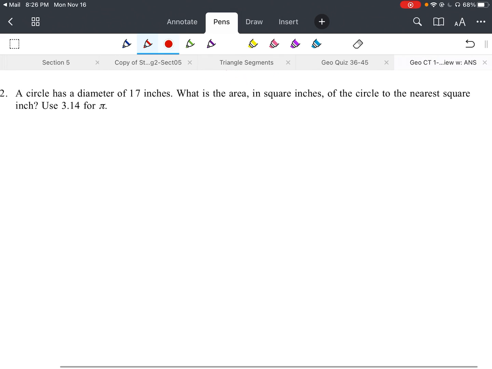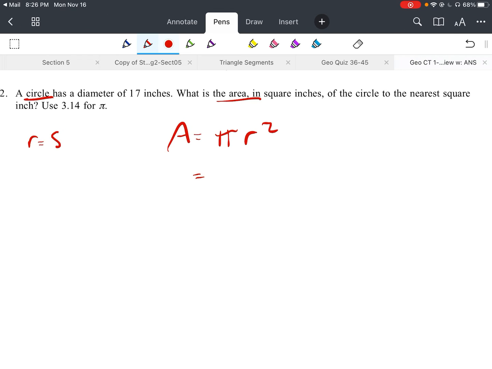Okay. Here we go. Circle has a diameter of 17. Area, circle. This should be easy. What's the area of the circle to the nearest square inch? So A equals pi r squared. The diameter is 17, so the radius is 8.5.